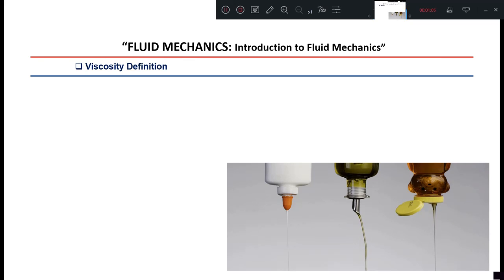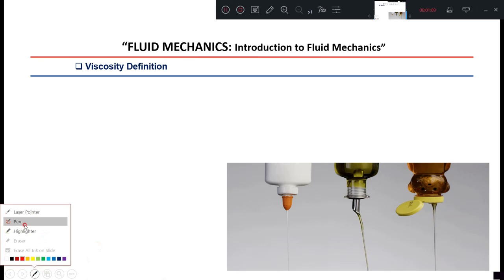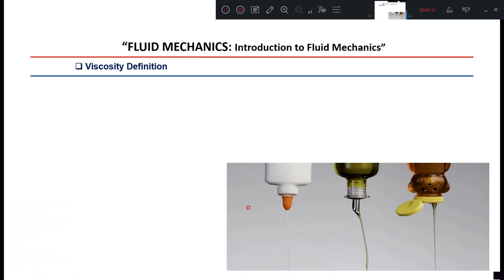If I pour, the first bottle here is paint, this is oil, and this is honey.